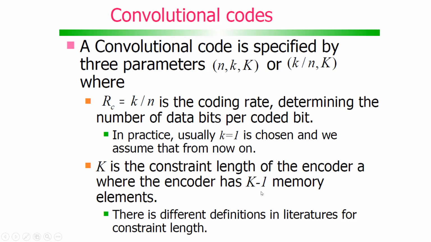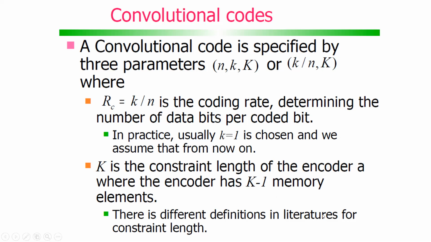So if it has capital K minus 1 memory elements, then the constraint length will be given by capital K. For example, if there is a shift register of 2 memory elements, what will be the constraint length of the code? 3. If 2 memory elements, constraint length will be 3. If 3 memory elements, constraint length will be 4.